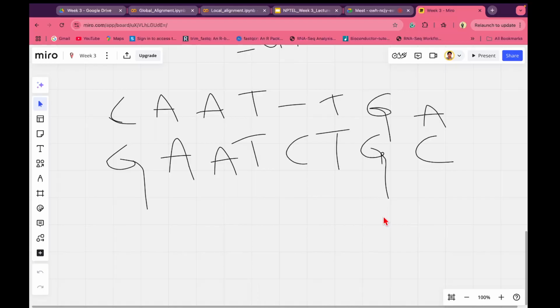We know the mismatch score is -5, match is 8, 8, 8, gap is -3, again 8, 8, and -5.